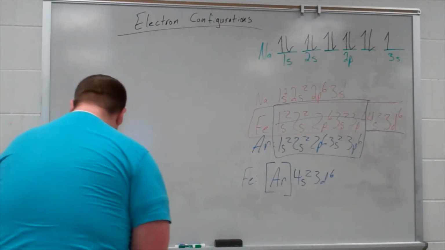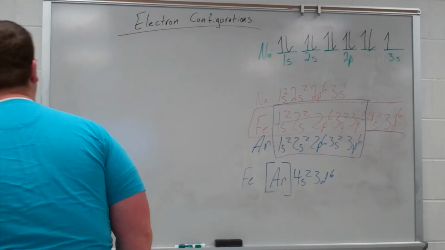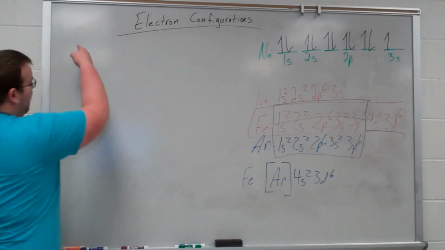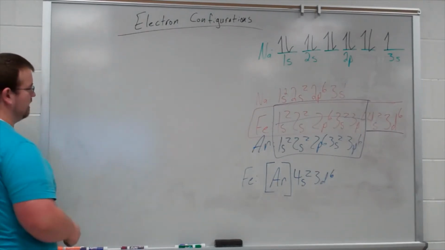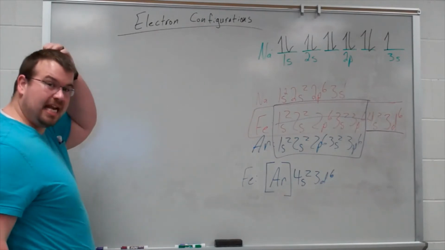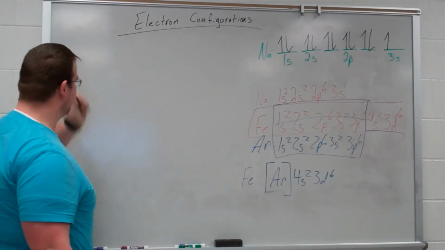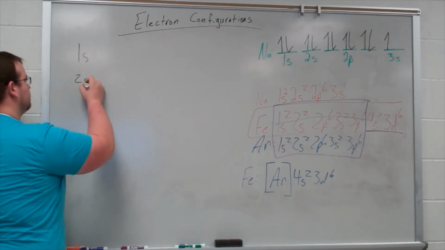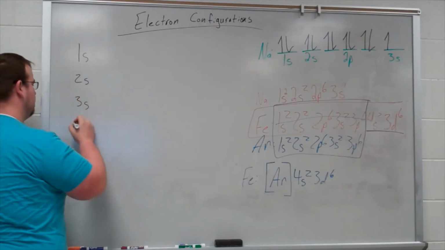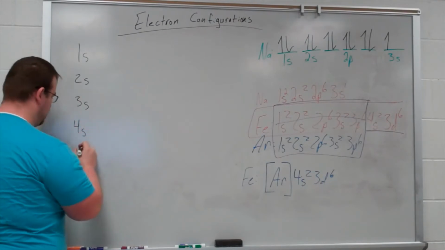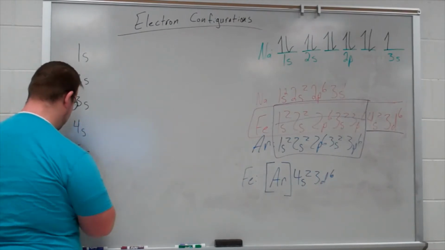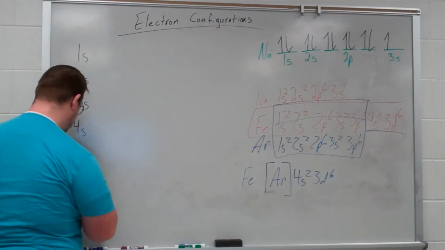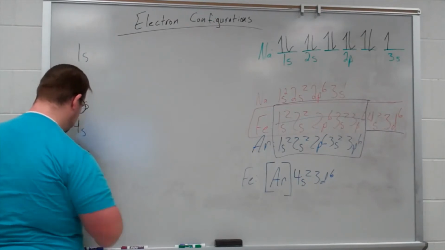So you start making columns with these. You're going to start with S, and S goes from 1 to 7. So we go 1S, 2S, 3S, 4S, 5S, 6S, 7S.